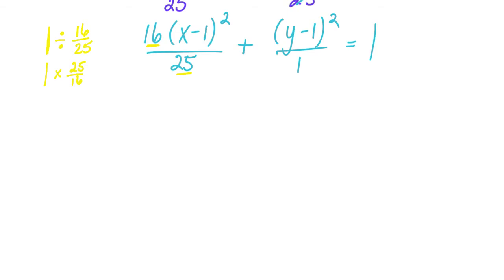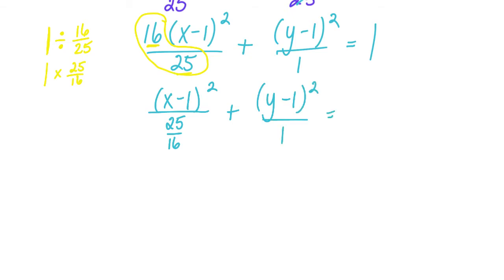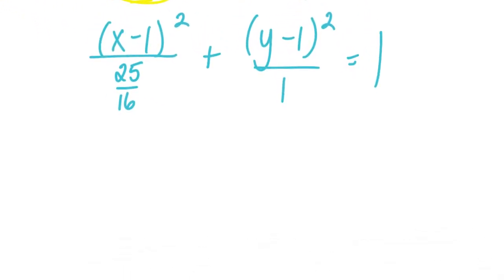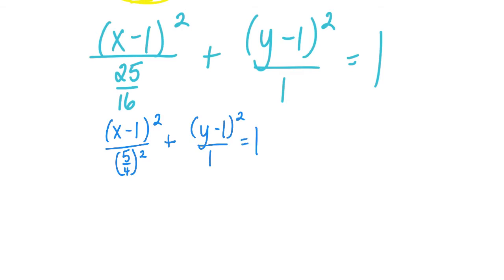So all I have to do is flip this, x minus 1 squared, and notice right now this is 16 over 25, so I'm just going to flip that as 25 over 16, plus y minus 1 squared over 1 equals 1. And to make it even clearer, in our curriculum, sometimes they actually don't show us the a squared. What they actually do is they show us the numbers. So they'd show us this as x minus 1 quantity squared over 5/4 squared, plus y minus 1 quantity squared over 1 is equal to 1.